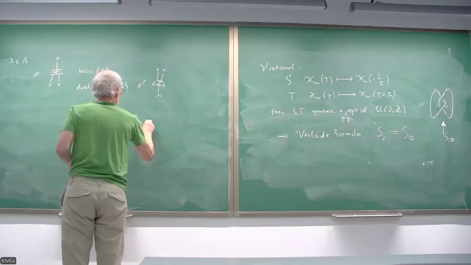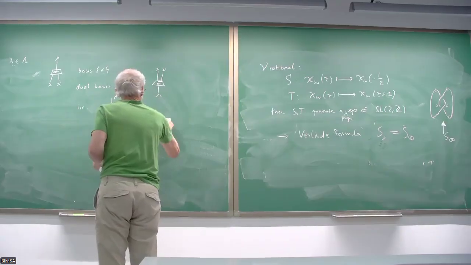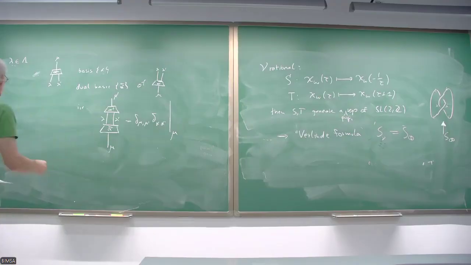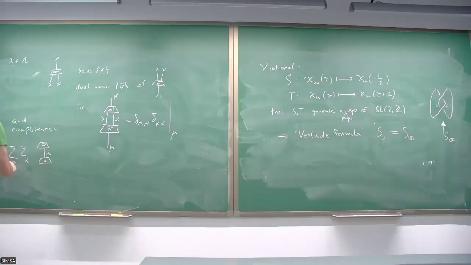It will be non-zero only if mu is mu prime, and with choice of dual basis, it's non-zero only if alpha is equal to alpha prime. And in addition, then there's a completeness relation, saying that if I sum alpha bar after alpha over all alpha, and then sum over all mu that I have for given lambda and lambda prime here.